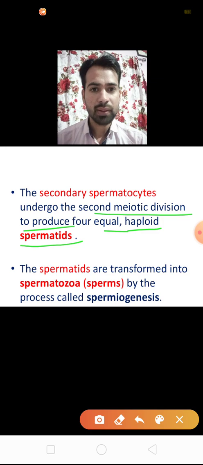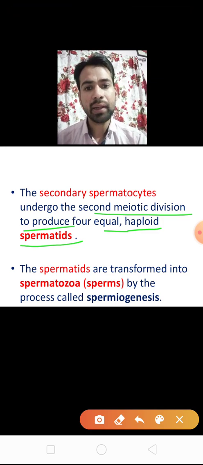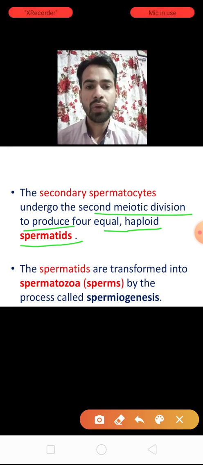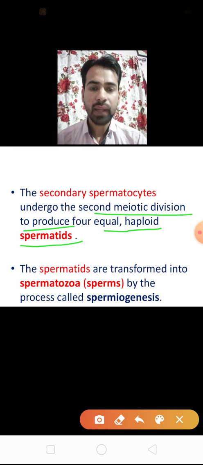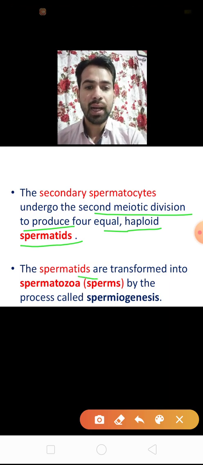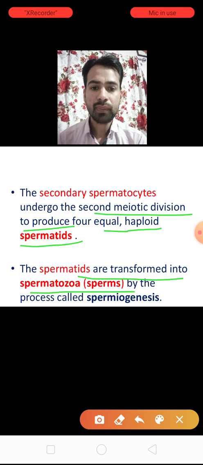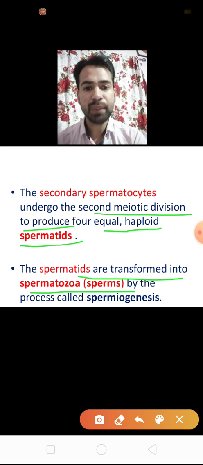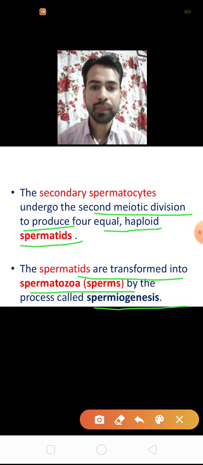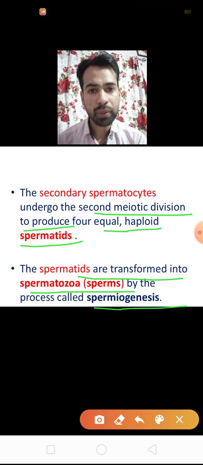Okay, another meiotic division takes place in secondary spermatocytes and they produce four equal haploid spermatids. Okay, now these spermatids are transformed into sperms by the process of spermiogenesis. Okay, clear? Very simple. Now the sperms are formed.